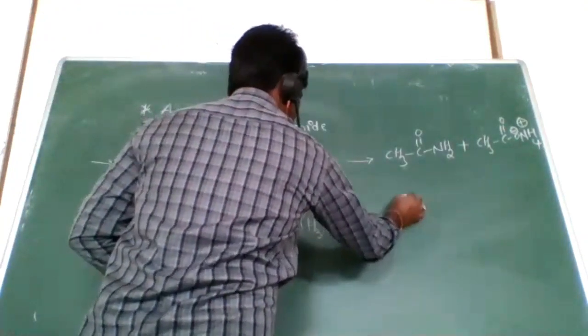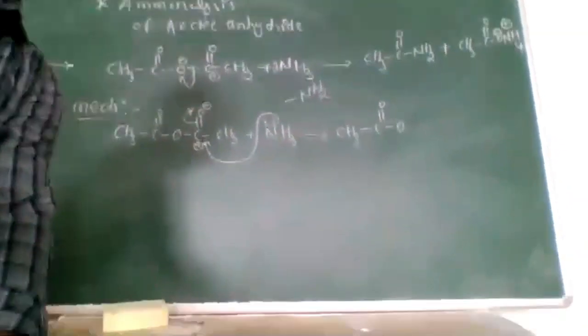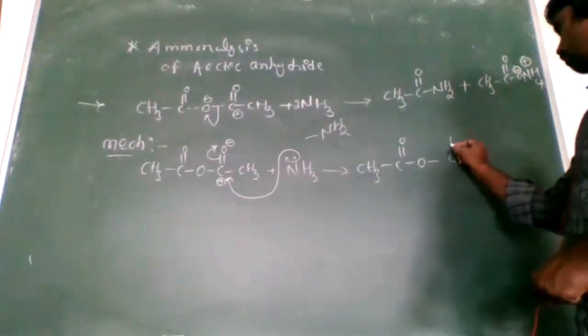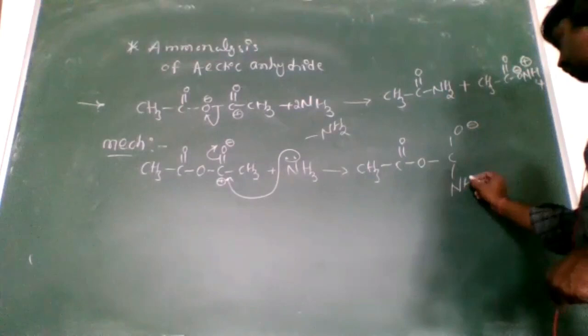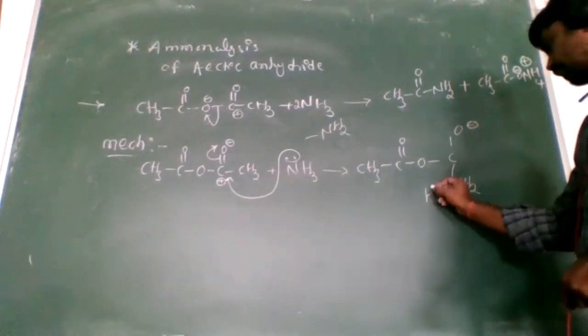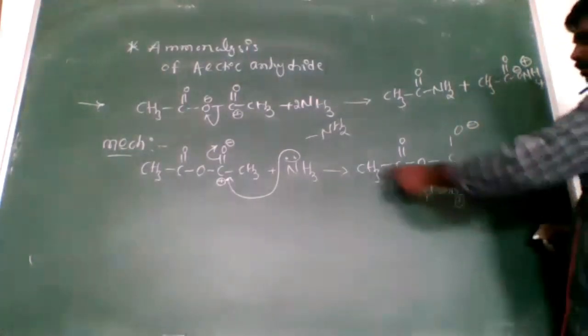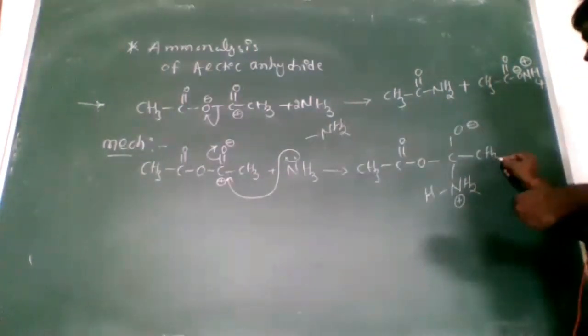When it gives the electrons to the carbon, we form CH3 C double bond O, O. Next one, here is the CO minus. Here I write the NH2, with one hydrogen separate. I write N plus because it gave an electron to the carbon. The remaining CH3.